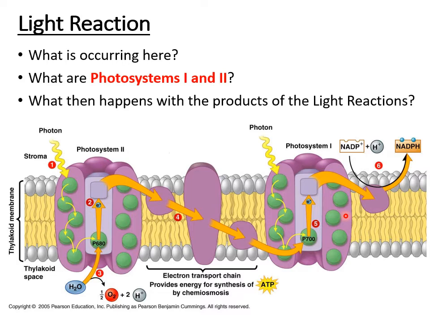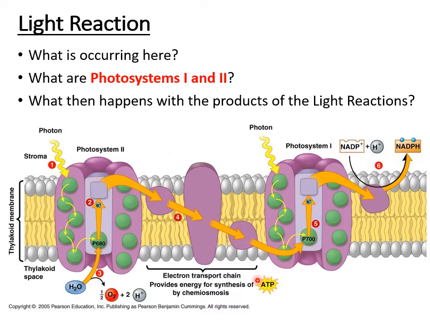Okay. With these, I want to point out that the two photosystems are interacting with each other, and they're interacting indirectly because there is an electron transport chain between the two of them.